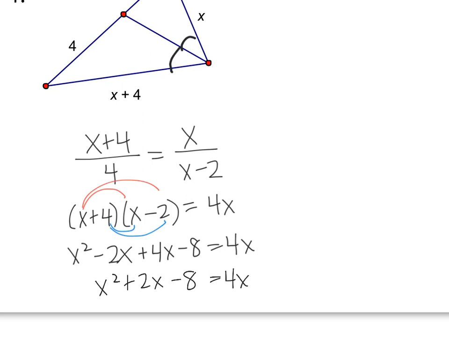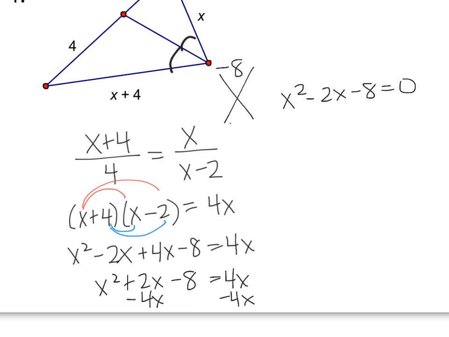And this one does have an x squared with an x, so I'm going to have to factor, but I need to make sure I make it equal 0 first. Don't try and factor yet. It's got to equal 0 before you factor. So we have x squared minus 2x minus 8 equal to 0. And now we can factor. We're looking for factors of negative 8 that make negative 2. The only factors of 8 I can think of are 2 and 4, and those are 2 away. So that's 2 and 4.